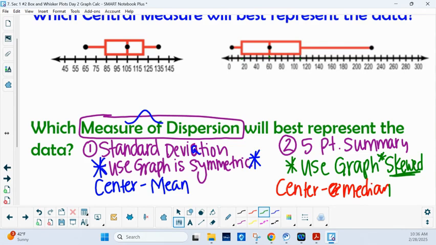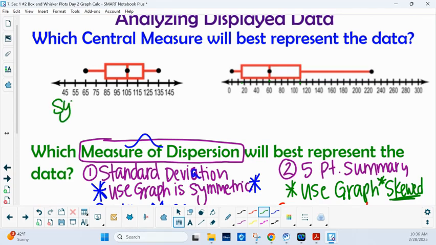So you're going to be graphing some box and whiskers today, and then you're going to be asked 3 questions. You're going to be asked first, is it symmetric or skewed? This first one, what do you think? It is symmetric, so let's put symmetric there. And then it's going to ask you what measure of center, I would put this in your notes so you remember why you chose this. What measure of center would we use?